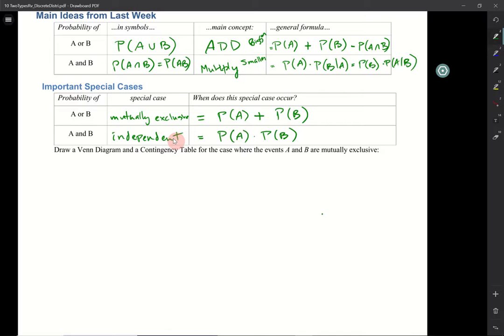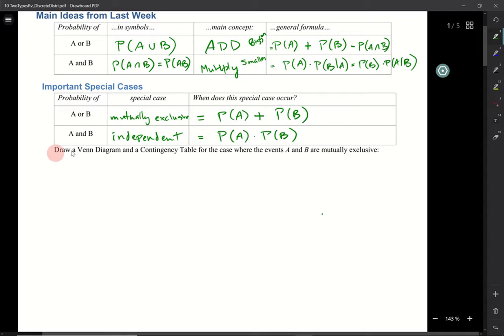Let's remind ourselves: draw a Venn diagram and a contingency table for the case where events A and B are mutually exclusive. So what does it look like? If we're doing the Venn diagram, we might start with our universe.